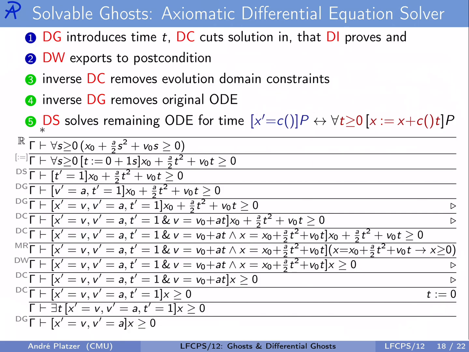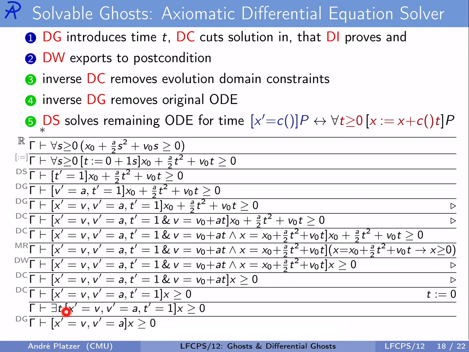Using what you've just seen, you can, in fact, solve any arbitrary differential equations without using the solutions axiom. You've essentially seen that, but let me talk you through this more carefully one more time. If we have any arbitrary question about a differential equation, we can use the differential ghost to dream up a time variable even if it wasn't there.